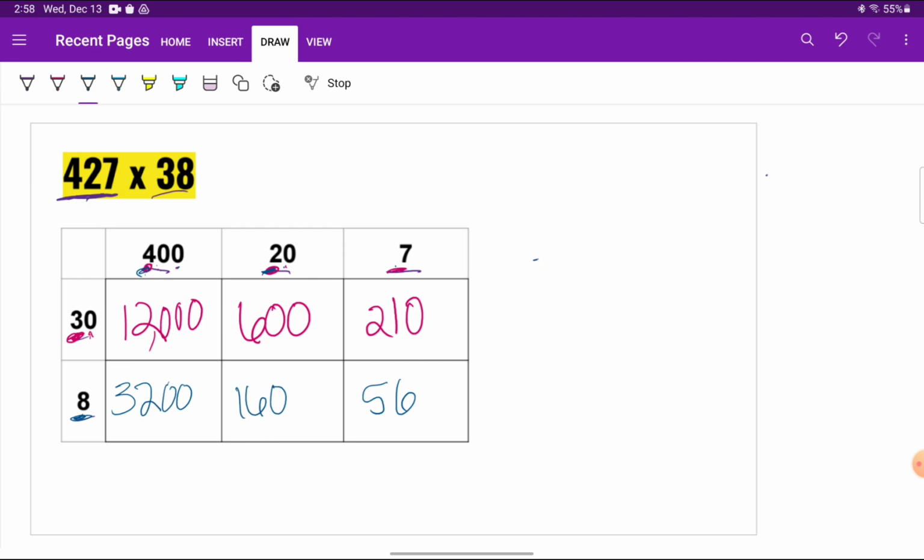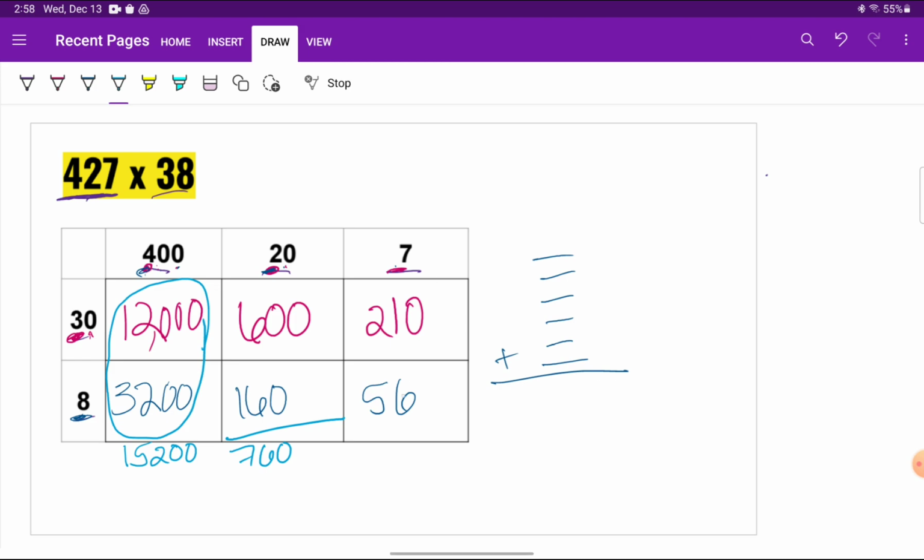Now I can write all 6 of these numbers off to the side and add them all together, but it might be a little bit simpler to combine individually. So 12,000 plus the 3,200 is 15,200, 760, and 266.